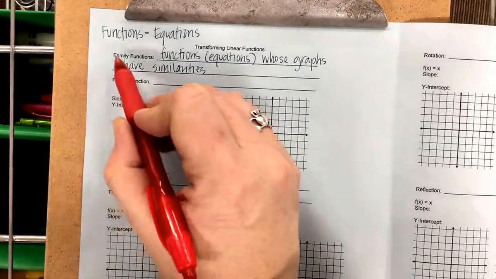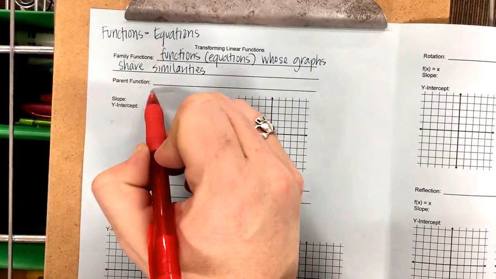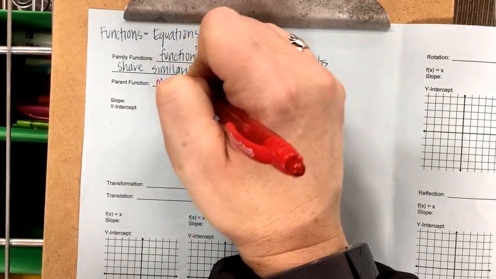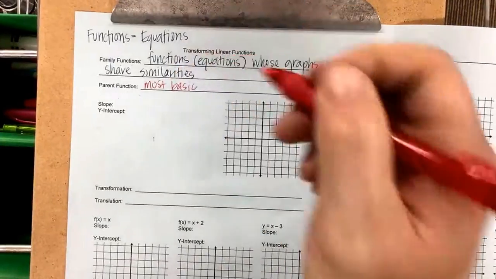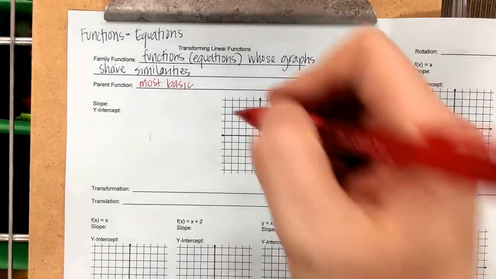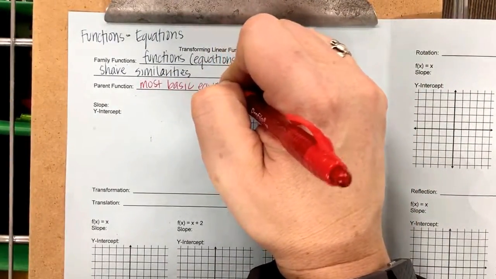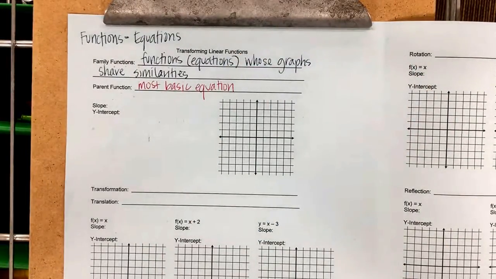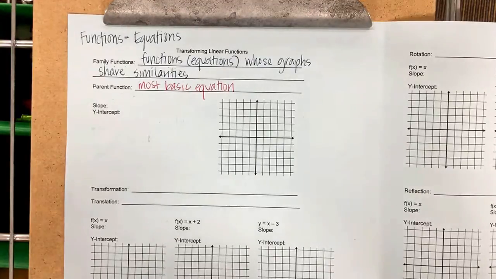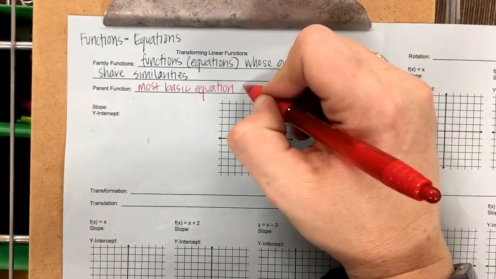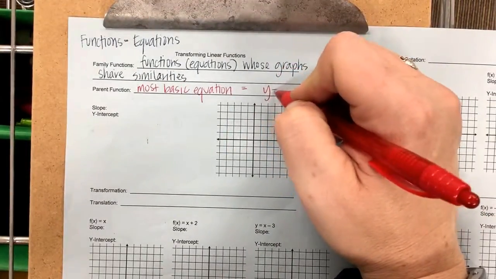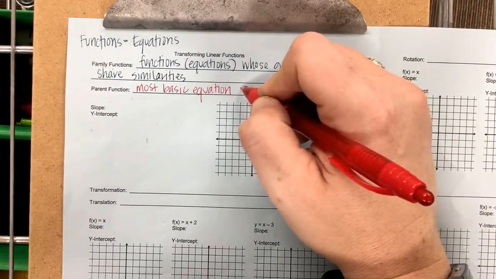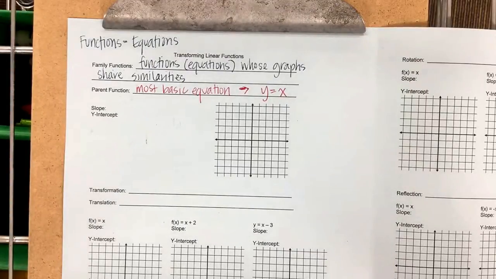And the parent function in a family, so the parent function of linear, is the most basic equation. It's the simplest. It's the least number of frills, right? In linear equations, it's just y equals x. Y equals x.